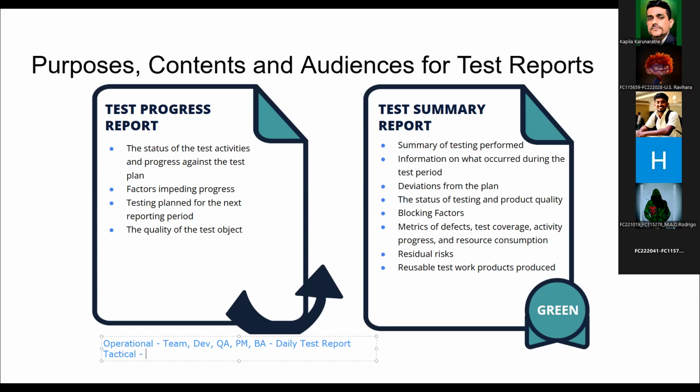So they need to know how this project is progressing. They might not need to know daily how many defects you raise or something like that, right? They don't care. They want to know whether you are going in the correct direction, whether the burned up, burned down charts or the defect injection charts for a week time period are going properly. So probably we can have a weekly report.